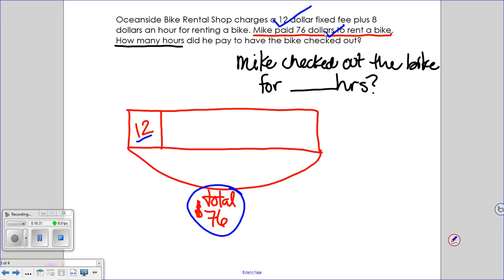What I would do here is take my total, subtract my flat fee, to figure out about how many sections I need to section it off into. Okay, so go ahead and do that, please. Take your total, which is $76. Subtract $12.